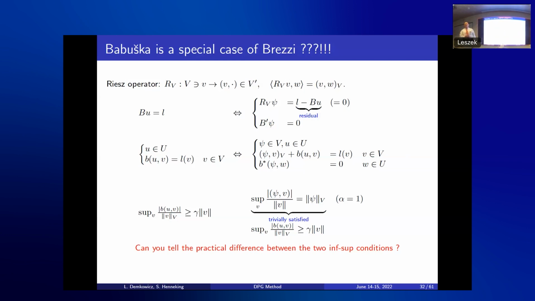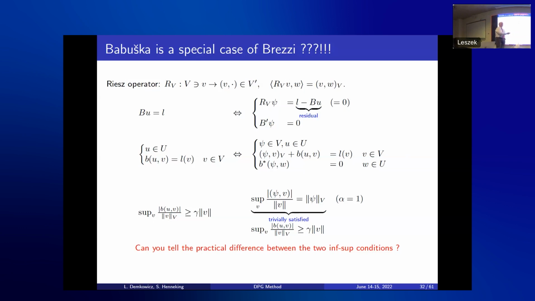Actually, it wasn't invented by me. It was invented by Wolfgang Dahmen and his collaborators 2 years after Jay and I published our DPG papers. 2 other formulations are based on minimum residual or optimal testing. So you have Jamie here, you have Socrates, they know all the details of it by heart. So instead of discretizing this original problem, we discretize the mixed problem.